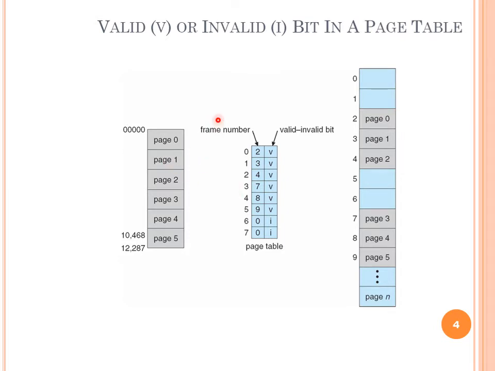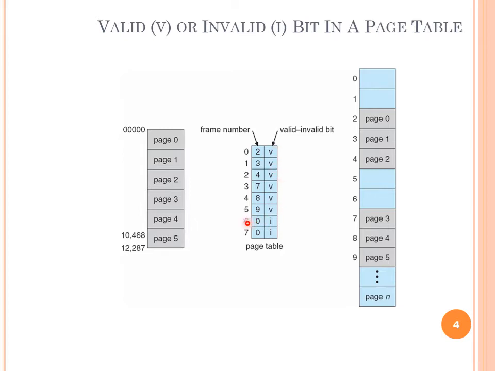So here is an example for a process which indicates the valid and invalid bit. For this the page table consists of an additional column to indicate the valid and invalid bit. Here we have the pages 0, 1, 2, 3, 4, 5. These are allowed pages, so they are indicated with the valid bit here.